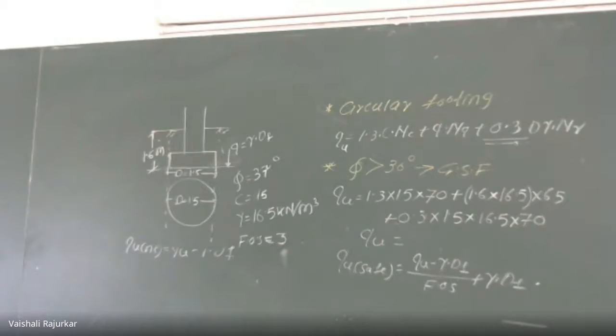Cohesion is 20 kilonewton per meter square. Gamma is 20 kilonewton per meter cube. Assume general shear failure with bearing capacity factors: Nc is 64, Nq is 80, and N gamma is 96.